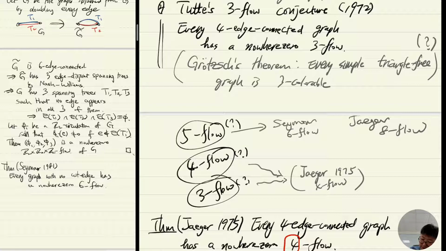Right, the 5-flow conjecture implies the 6-flow theorem, and this implies the 8-flow theorem, right?